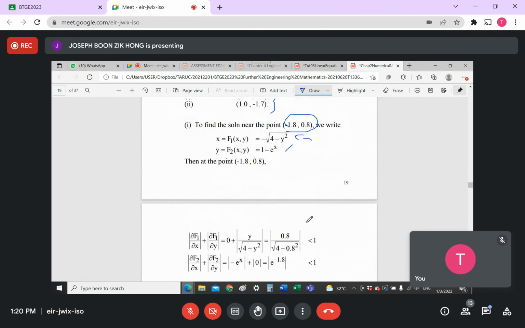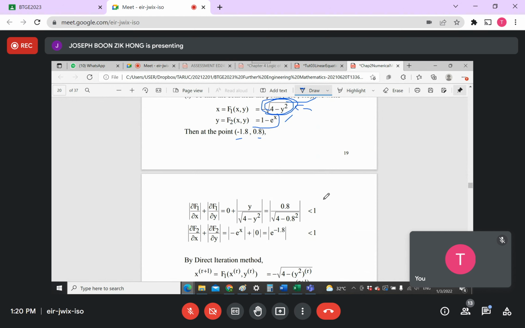So we differentiate this one with respect to x, plus we differentiate this one with respect to y, and then we put in the x and y to see whether your initial point is suitable or not. After we put in, it is less than 1, so okay.